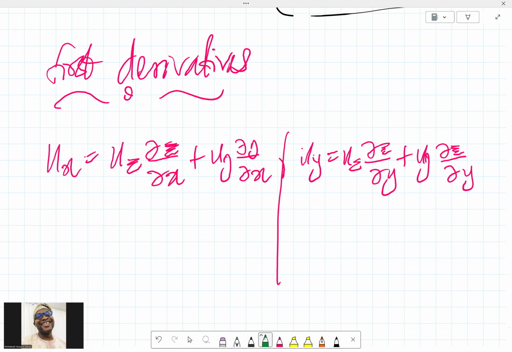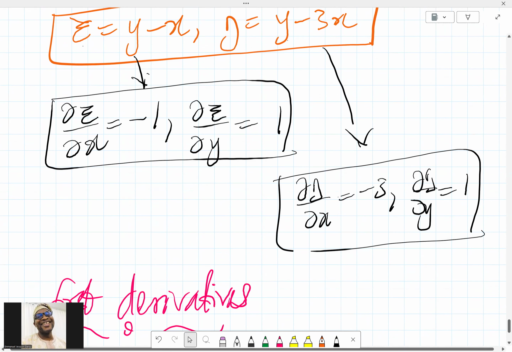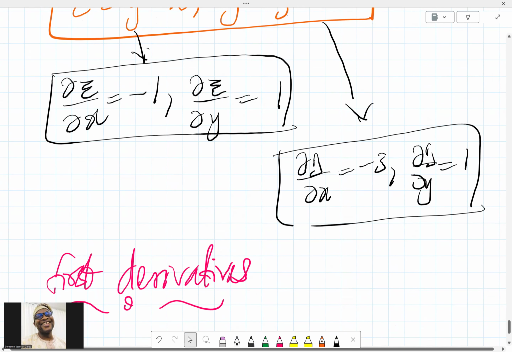So for u of x, we have partial psi partial x that we got here, which is minus 1. So we have minus u psi, because partial psi partial x is minus 1.